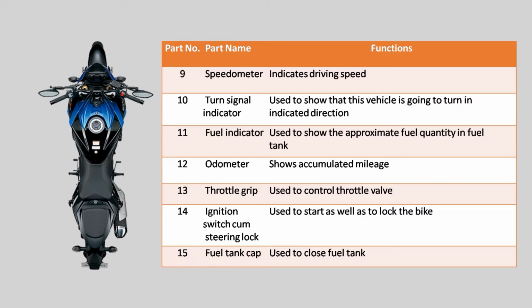Then throttle grip. Basically, in order to make a variation in the fuel supply or air fuel supply, we use a throttle grip. It is normally connected to the carburetor. It will increase or decrease the fuel supply. Ignition switch cum steering lock.